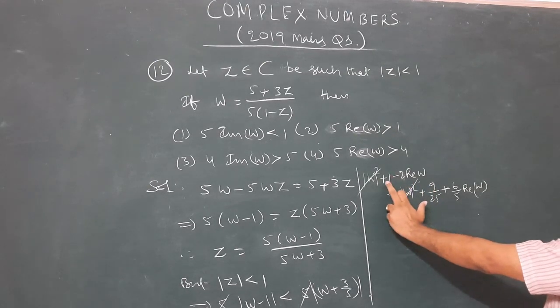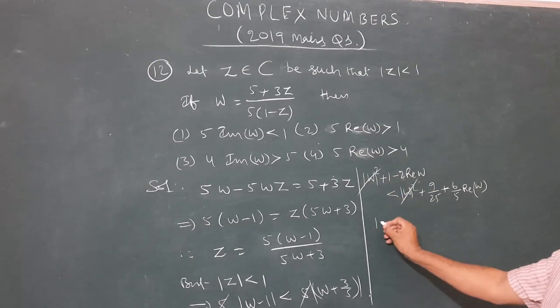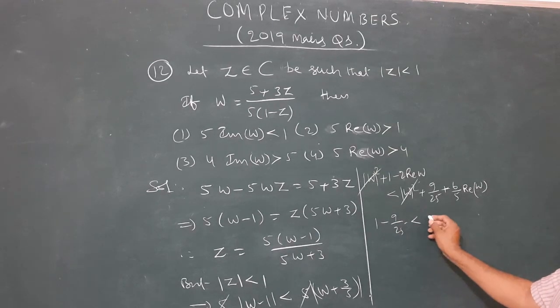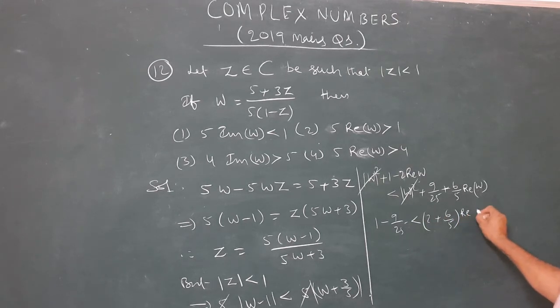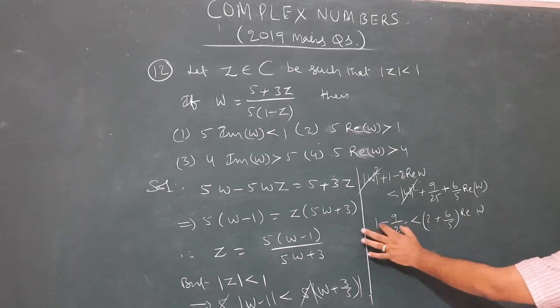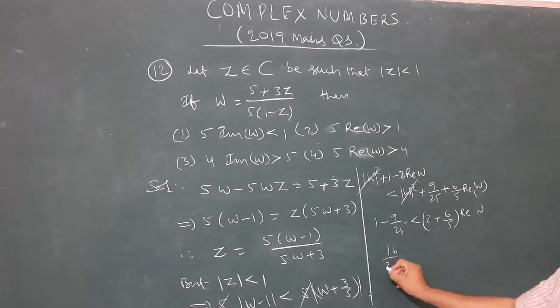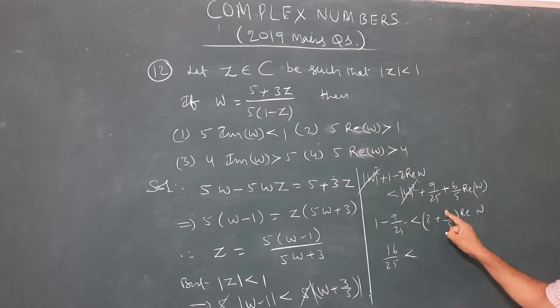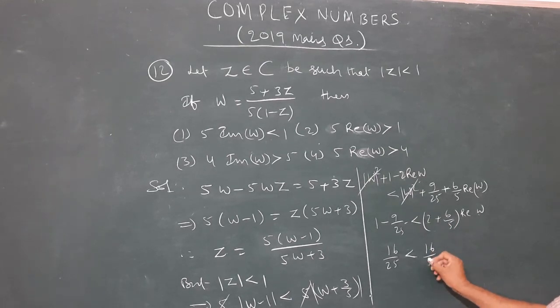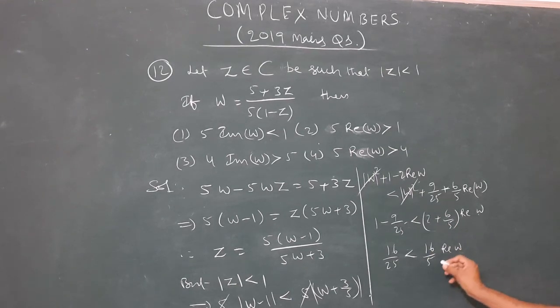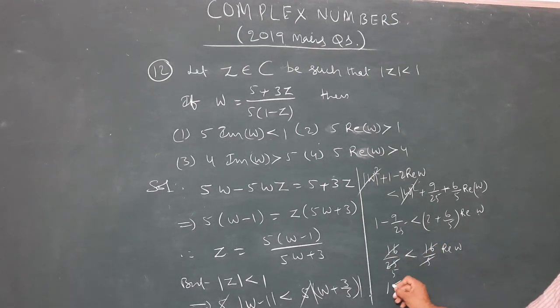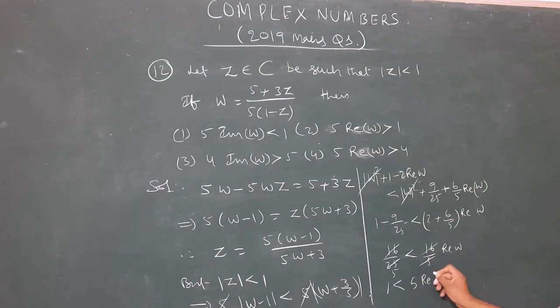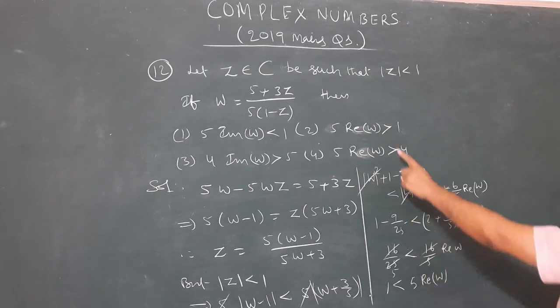9 by 25, take this side. 1 minus 9 by 25 less than 2 plus 6 by 5 real W. This is nothing but 16 by 25 less than 10 plus 6, 16 by 5 real W. 16 cancel, 5 in 5 times 1 less than, cross multiplication, 5 real W. That means 5 real W is greater than 1.